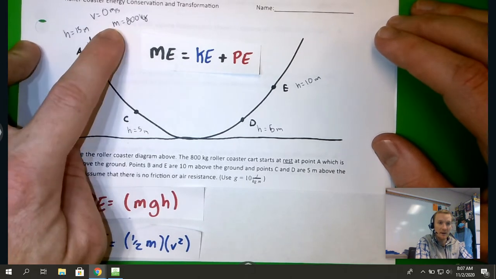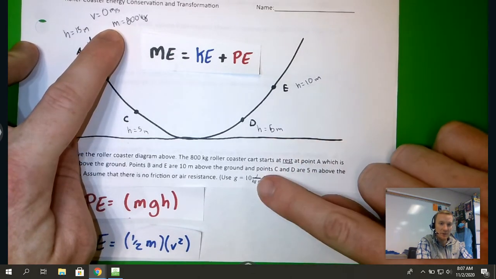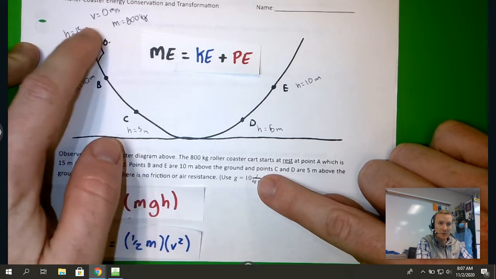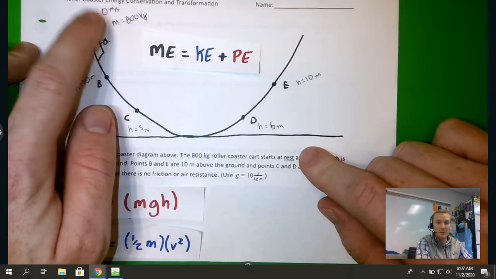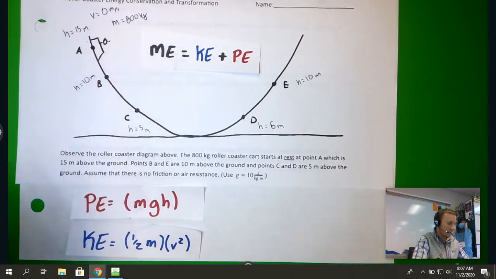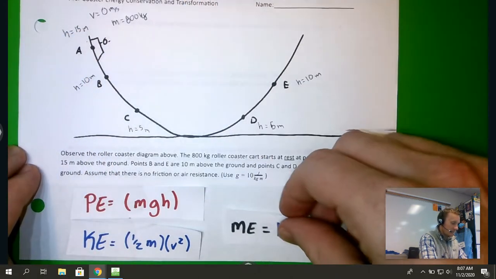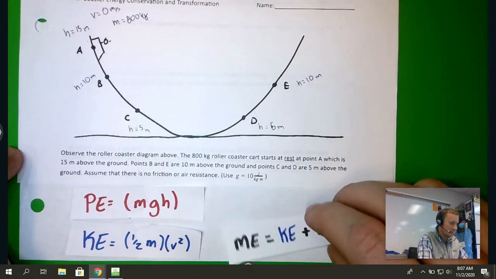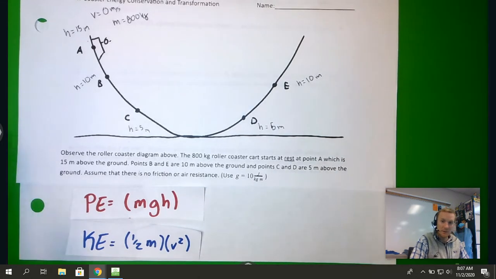Because remember, we have the mass, we know our gravitational constant, we have the height, okay? And because we have the mass, we also have its starting velocity, which is going to be 0. So we can take all that together to figure out what is the total mechanical energy at that point. So let's solve for the potential energy.